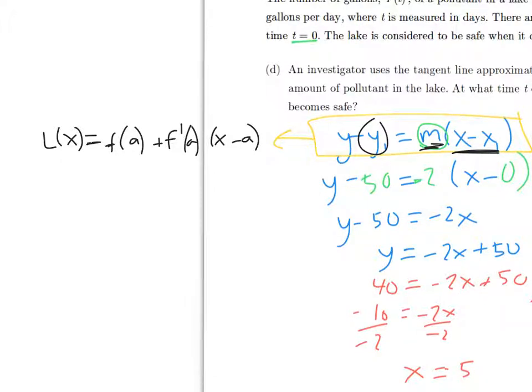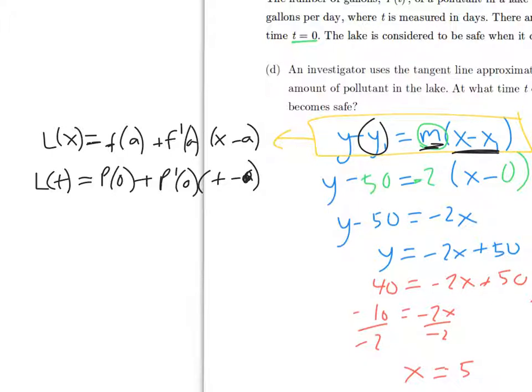In this problem, our linear approximation is giving us p at 0 plus p prime at 0 times t minus 0. Sorry, I'm changing out that a to a 0.